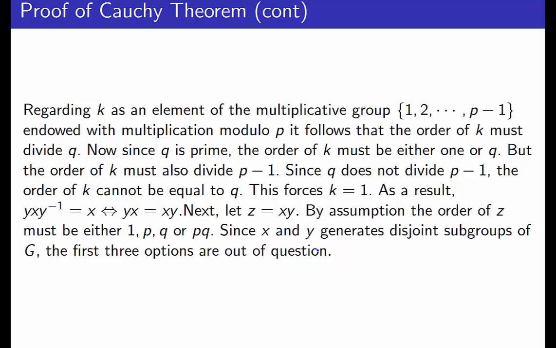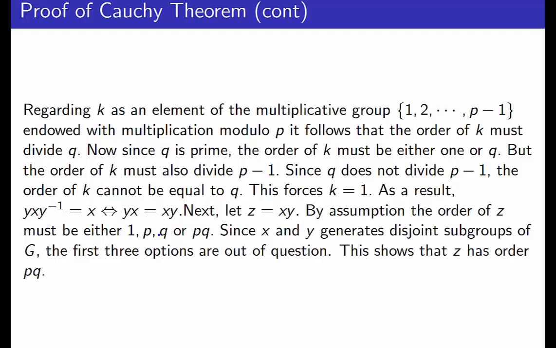So I'm saying that it's not possible for the order of z to be either 1, p, or q. I want you to pause the video and really try to digest this for yourself. Try to see why this can't be the case. I claim that the reason is that x and y generate disjoint subgroups of G.